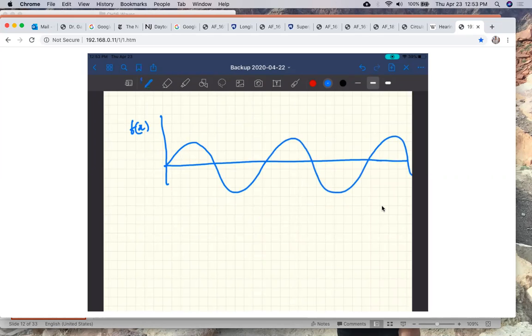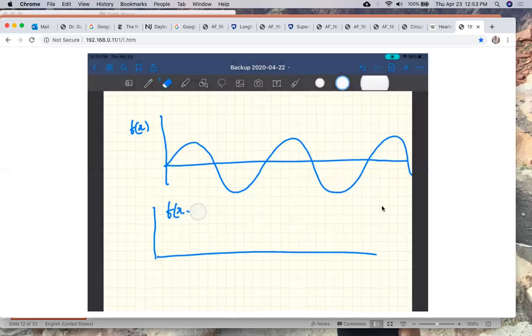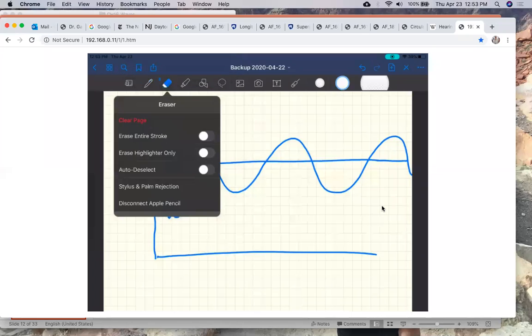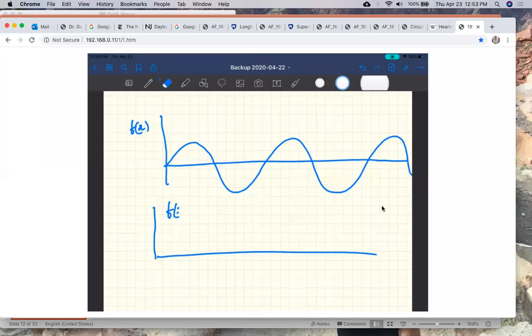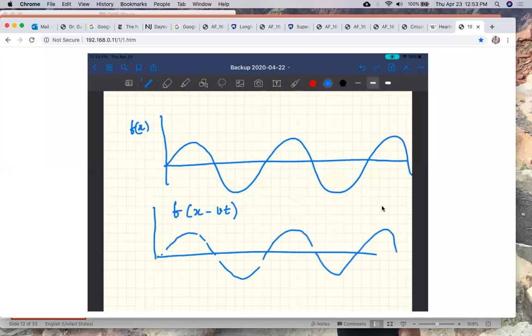And now all you have to do is do f(x minus vt), the same trick as before. f(x minus vt) will make this wave, the sine wave, travel to the right at velocity v.